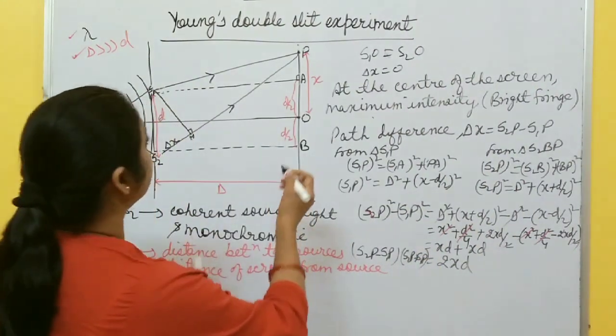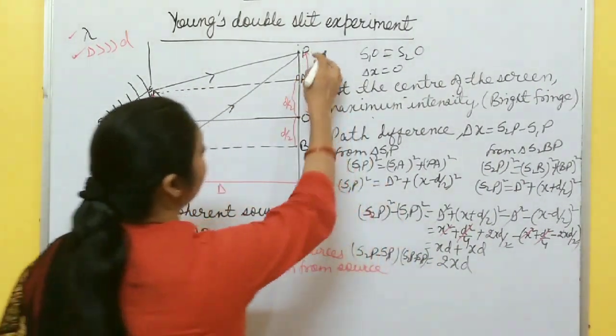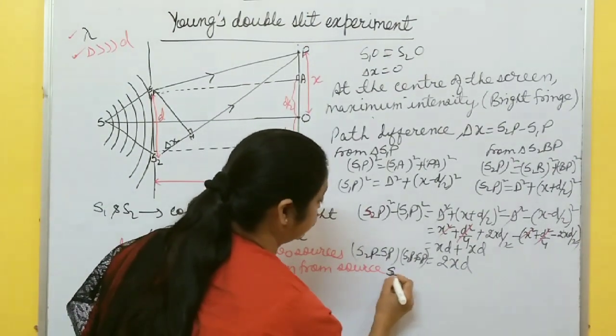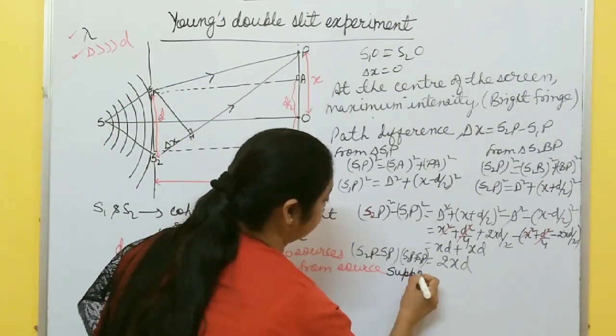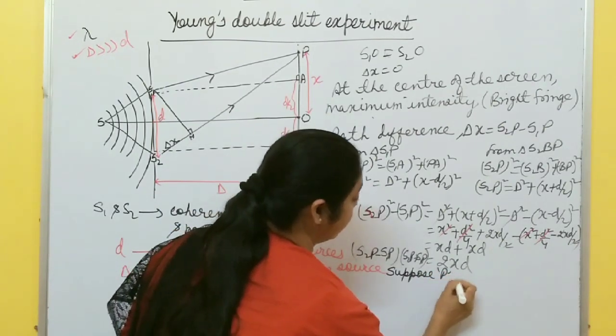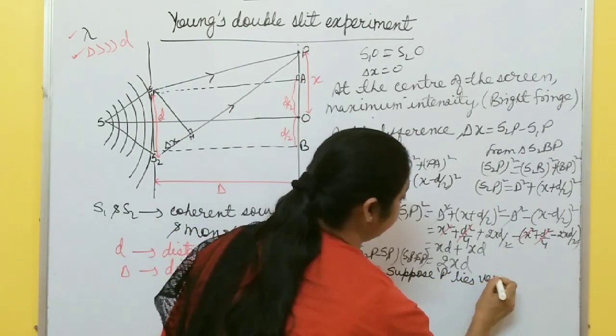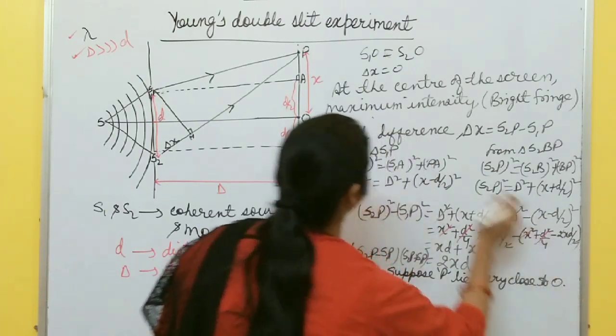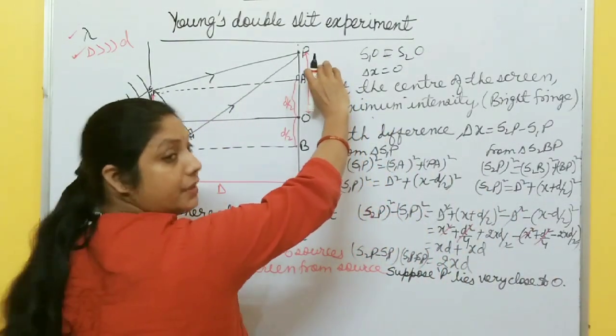One more thing, suppose this point P lies very close to O. It means this distance x is very small.